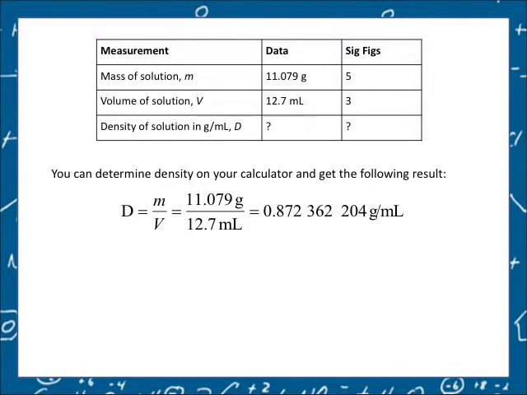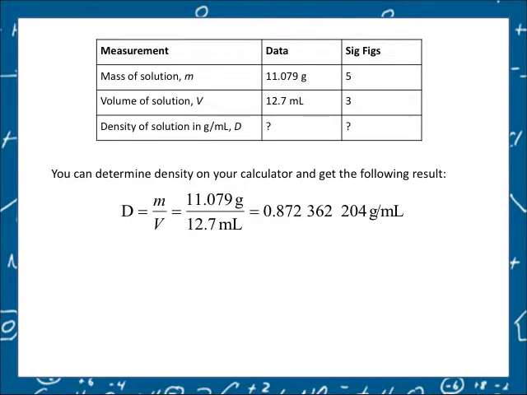But the question is, when we report density, should we report it with the same number of significant figures as our best measurement, which had 5 significant figures, or our worst measurement, which has 3 significant figures, or should we just report it with whatever number of significant figures the calculator returns?